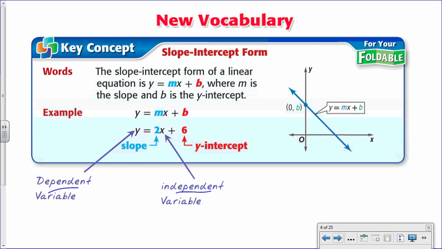Back in semester 1, what did we say? If the variable is by itself, it's considered what? Dependent. By rule, by default, that makes my other variable, which is the x, independent. If it's independent, what does that mean?